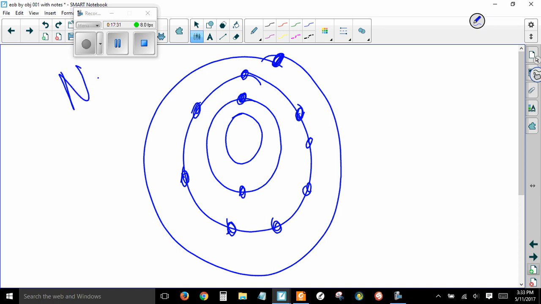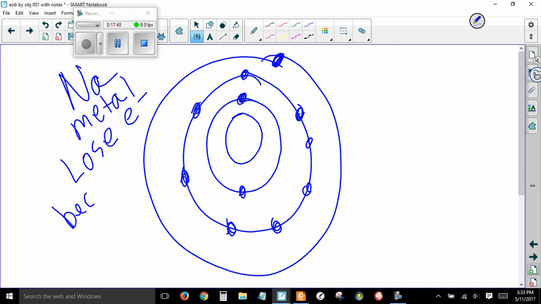Now, sodium is a metal, and metals tend to lose electrons and become positive ions.